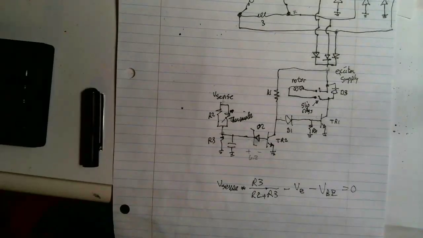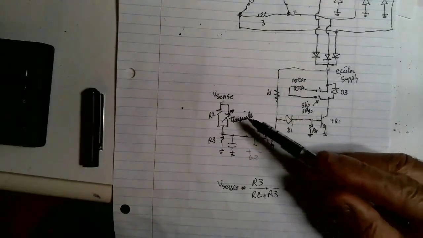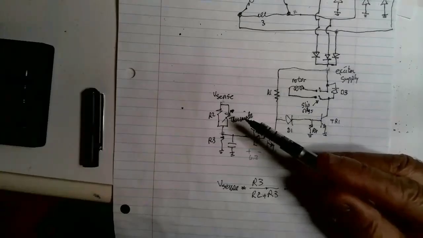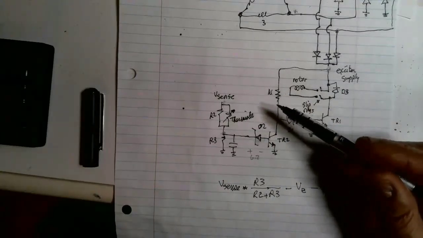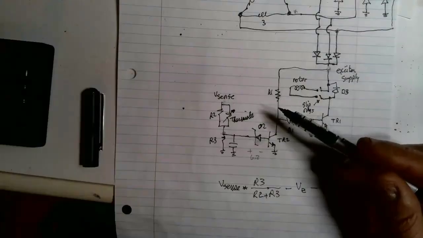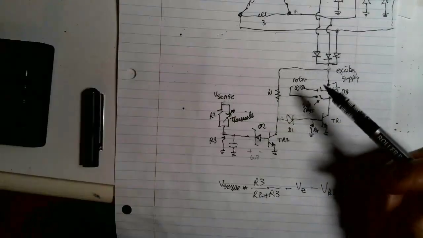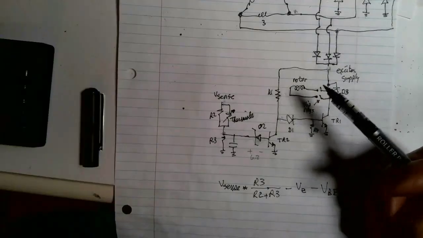By the way, modern alternators in cars, they don't even have self-contained regulators anymore. They use the ECM to control the alternator, and they have a data bus that goes out to the alternator, and the ECM, the electronic control module, tells the alternator what to do.